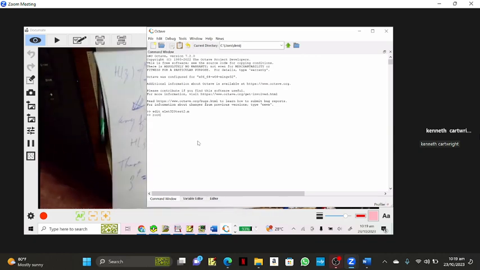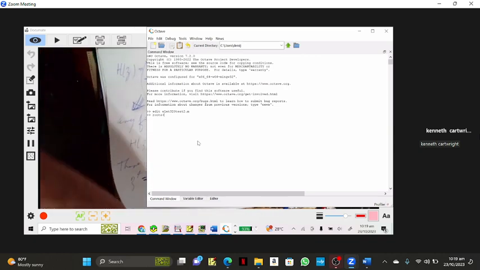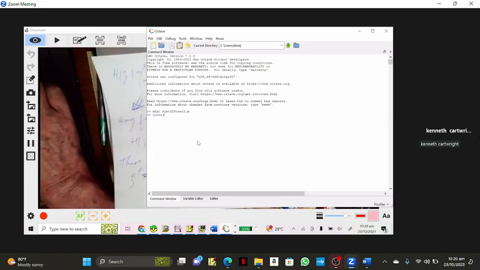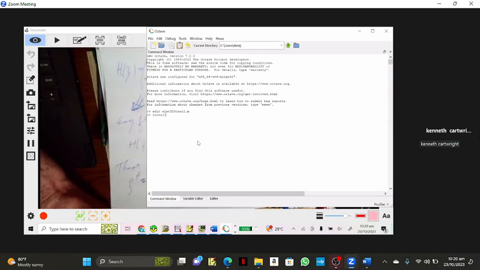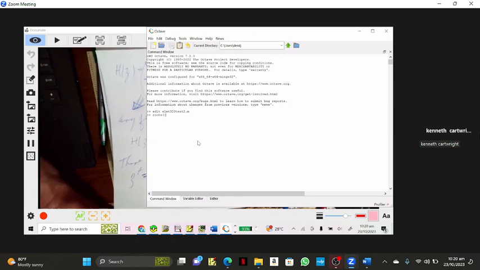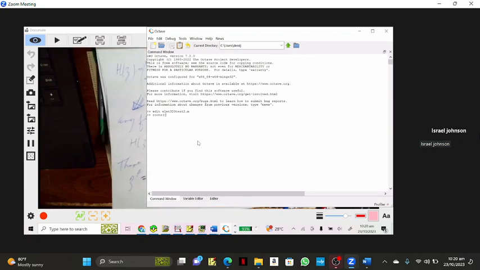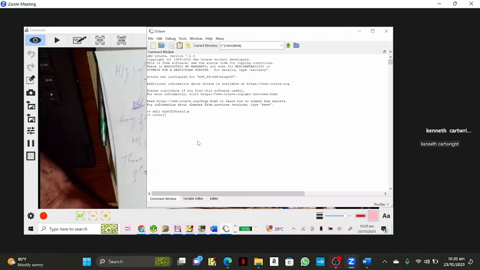So we do roots. Roots of what? What's the vector I want to find roots of? All of them are 1.